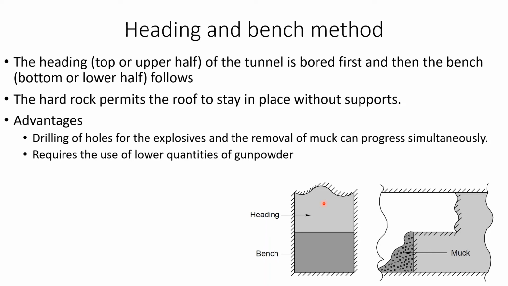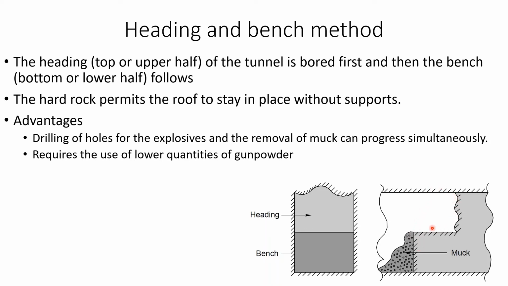Whereas in the full face method, the entire face of the tunnel is tackled at the same time, here it is divided into two, the head portion and the bench portion. First the boring or blasting is done at the heading portion, and then the bench portion follows. In hard rock, the drill holes for the bench can be driven at the same time as the muck is removed, so these two processes can be done simultaneously.